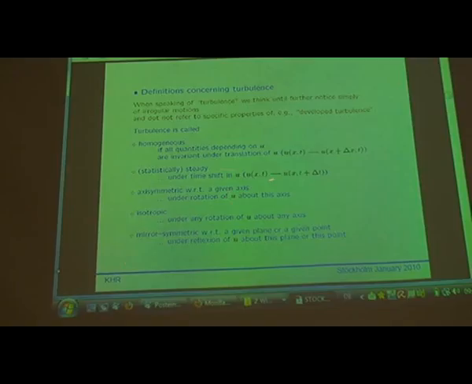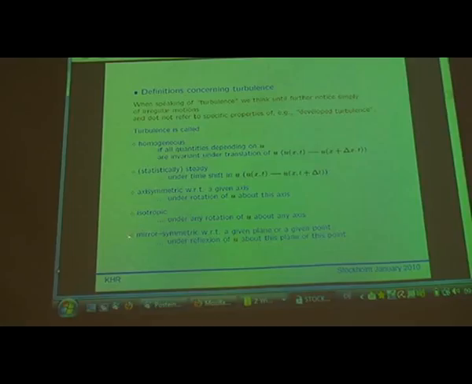We call it axisymmetric with respect to a given axis if this is invariant under rotation about this axis. We call a turbulence isotropic when this applies for all axes. Isotropic in a point if it applies for all axes running through this point.